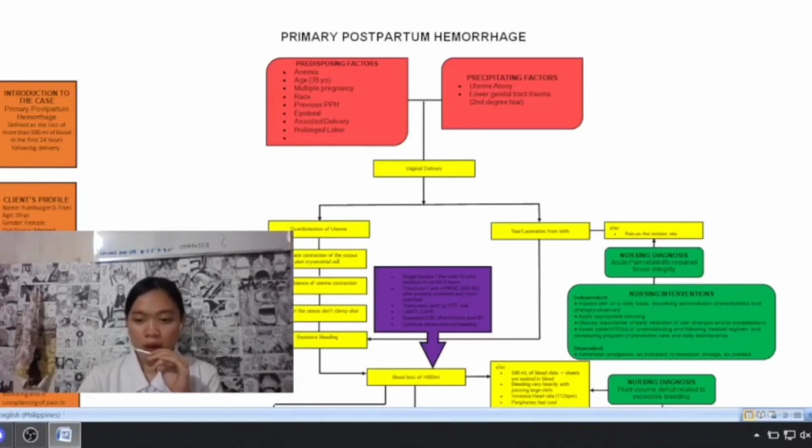Another sign and symptom manifested by the patient is 500 ml of blood clots and sheets soaked in blood, bleeding very heavily with passing of large clots, increased heart rate, and cold peripheries. So the nursing diagnosis is fluid volume deficit related to excessive bleeding. Nursing interventions are to monitor vital signs, so you have baseline data.